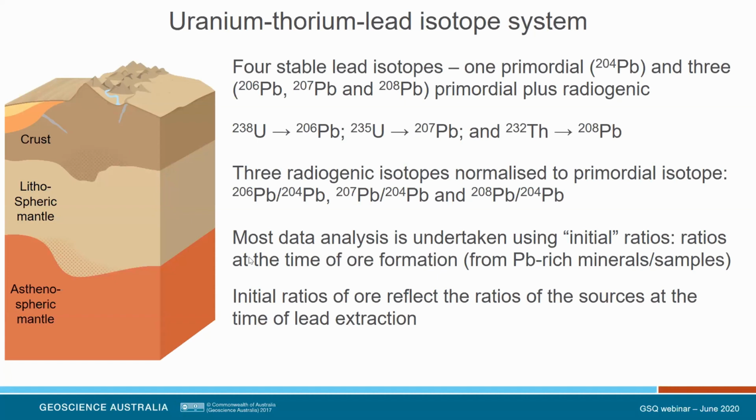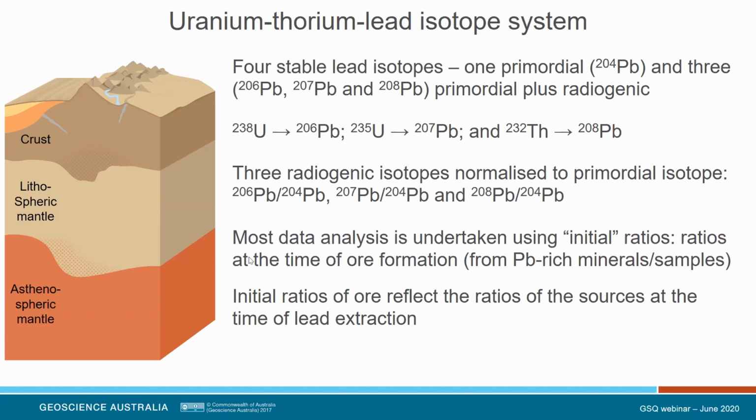And we do that mostly by looking at lead-rich minerals or samples. As a general cutoff, we use about 1,000 ppm. So if it's above 1,000 ppm, we're looking at a lead-rich sample. The important thing is that the initial ratios of the ore actually reflect the ratios of the sources at the time of lead extraction.